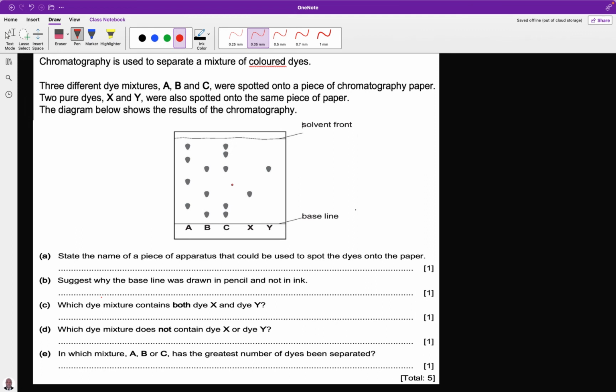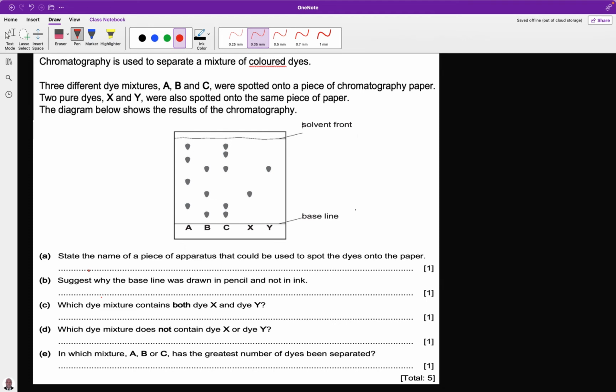Question B: Suggest why the baseline was drawn in pencil, not in ink. We can say that if we use ink, ink is a dye.